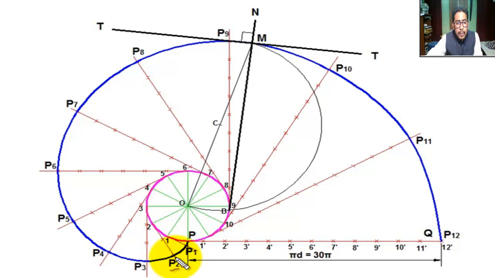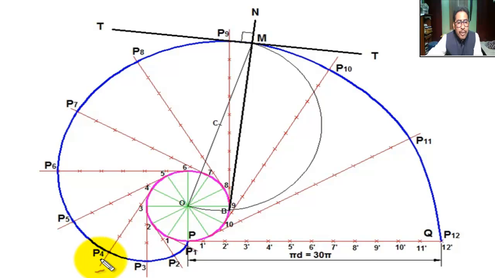On this tangent we mark P2 such that 2P2 equal to P2 dash. On this tangent we mark P3 such that 3P3 equal to P3 dash.